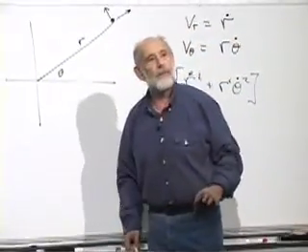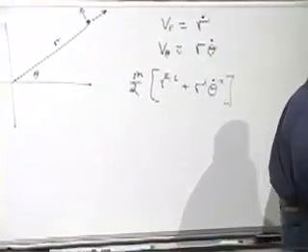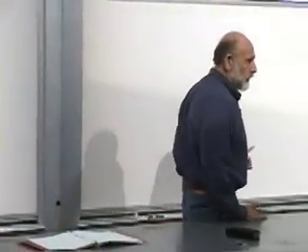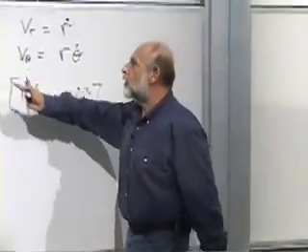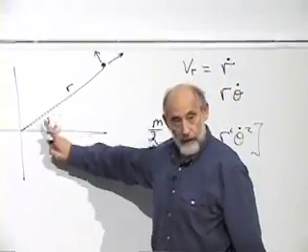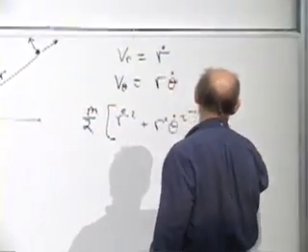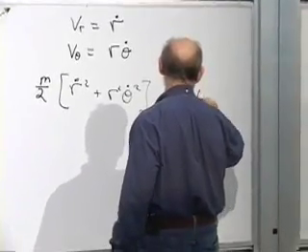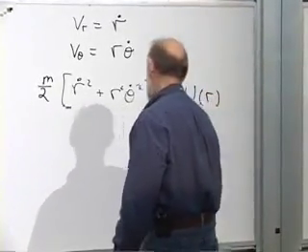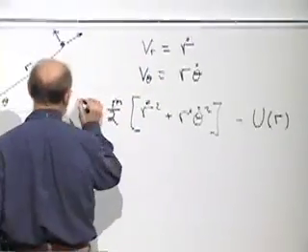The central force problem is the one where the force points toward or away from the origin, and is equivalent to the statement that the potential energy only depends on r and not theta. So let's subtract off minus U of r. That's not the energy now, that's the Lagrangian.